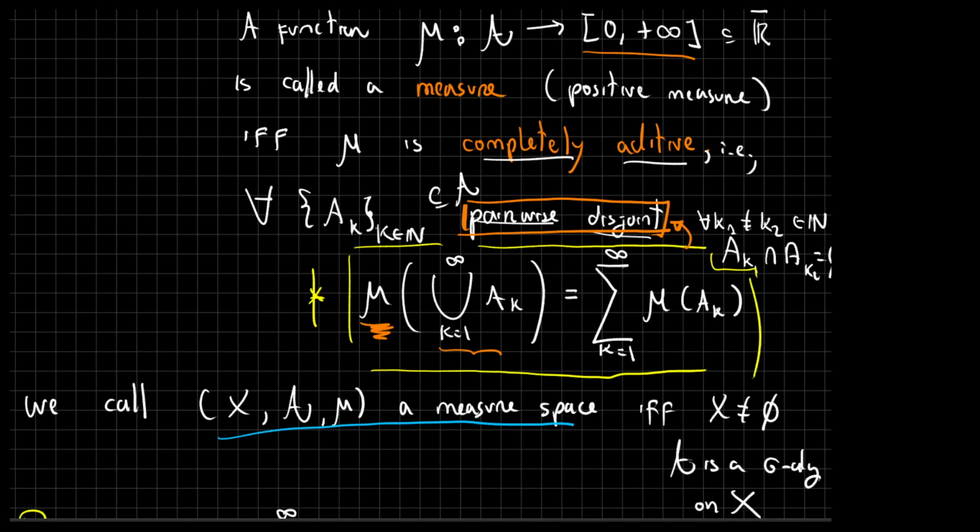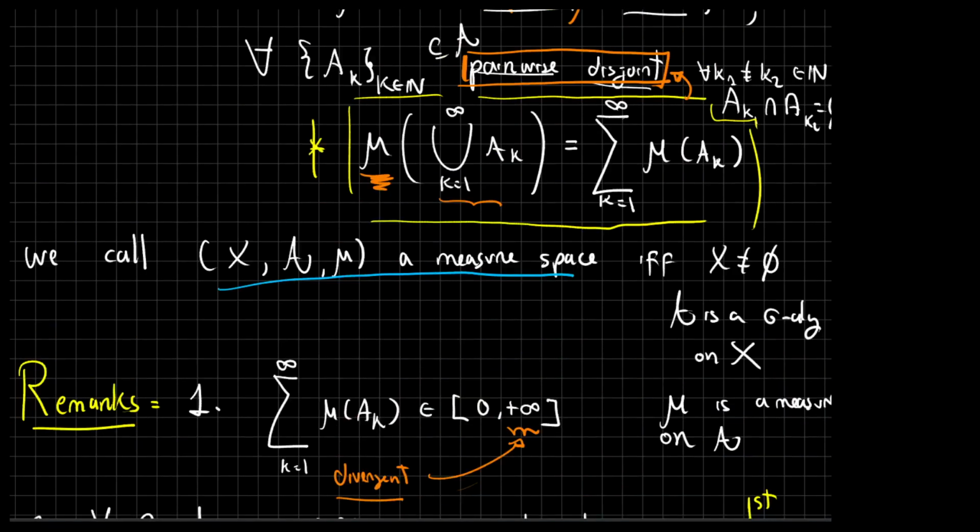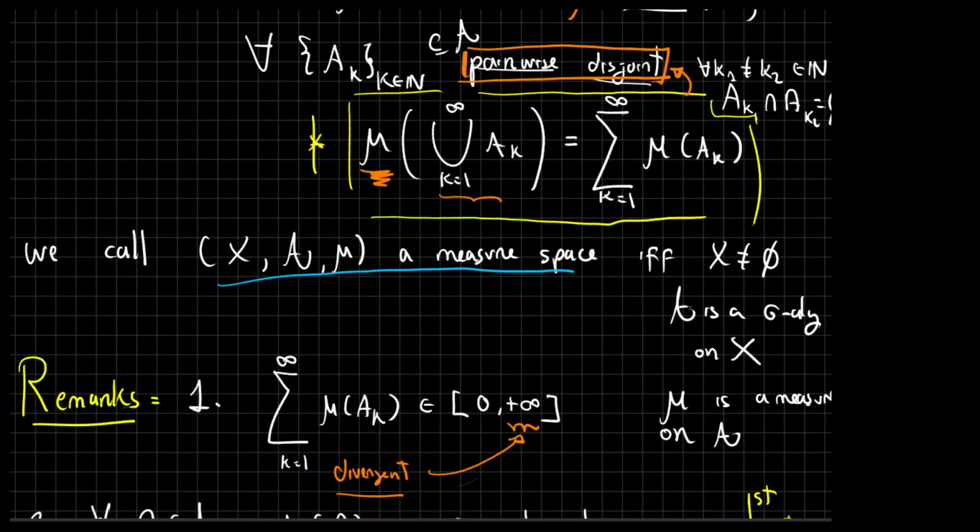If you have a family that is not pairwise disjoint, it may not be equal. It could be strictly less. And that doesn't make it less of a measure. It is still a measure if it holds for pairwise disjoint families. So this is everything that we need to show.